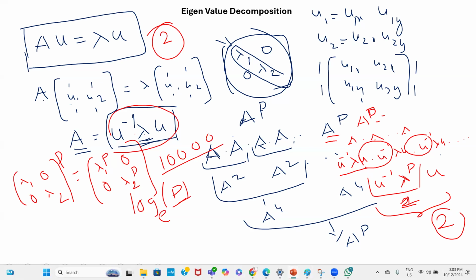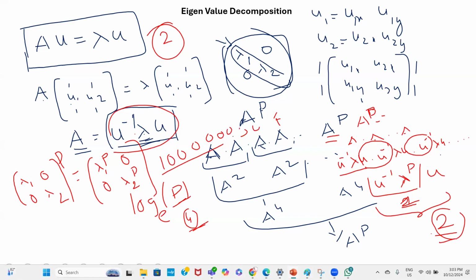Four. Log 10,000 is 4. Okay, so as p becomes a high value, this is going to increase, whereas this would remain constant.